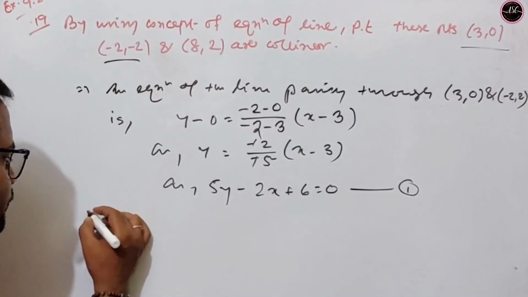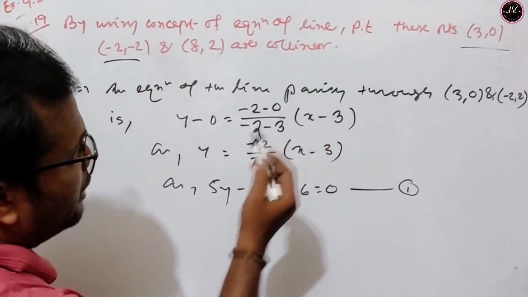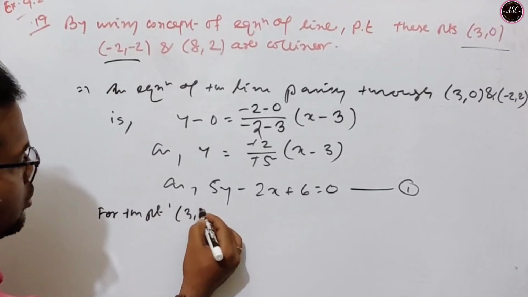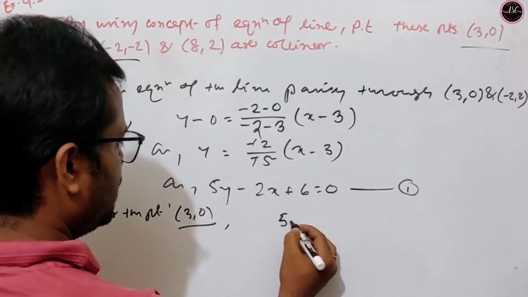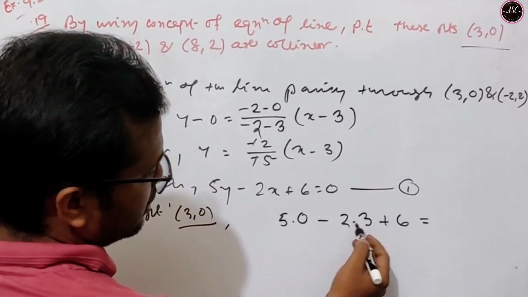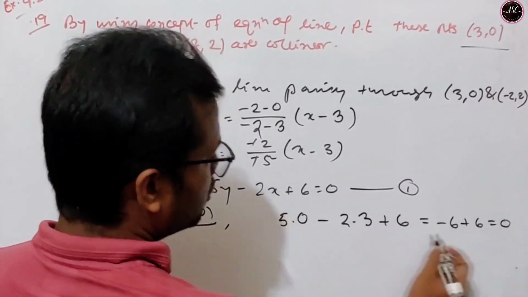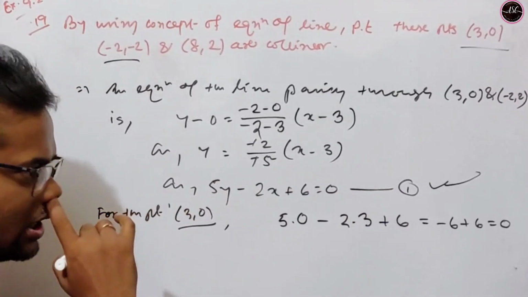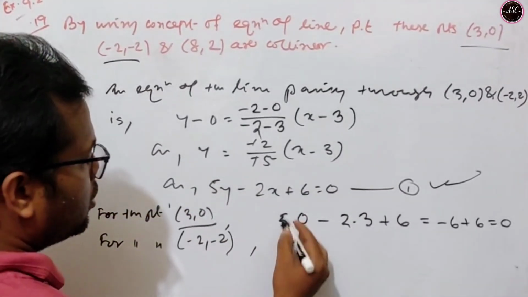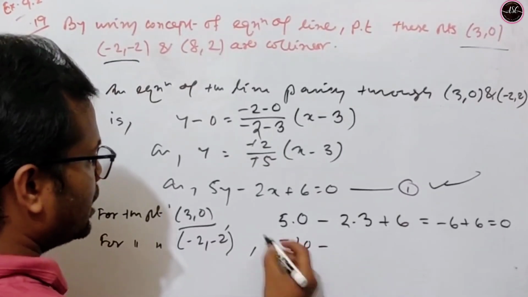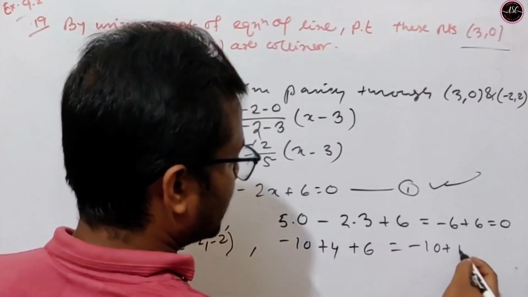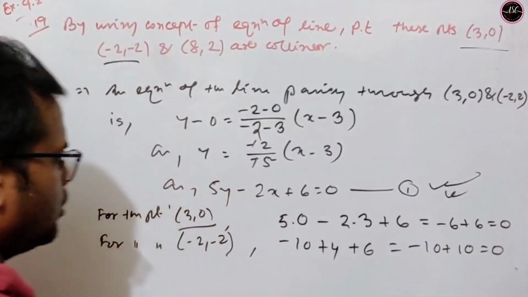So for the first point, just put the x y values. For the point (3, 0): 5 into 0 minus 2 into 3 plus 6 equal to 0 minus 6 plus 6, that is 0. For this point the equation is satisfied. For the point (-2, -2): -10 plus 4 plus 6 equal to -10 plus 10 equal to 0, which also satisfies it.